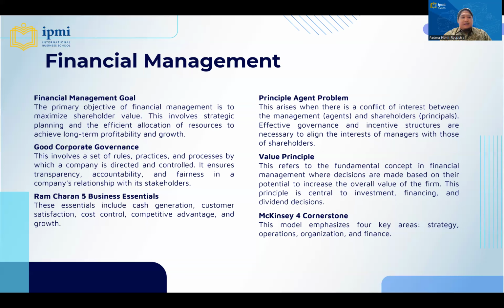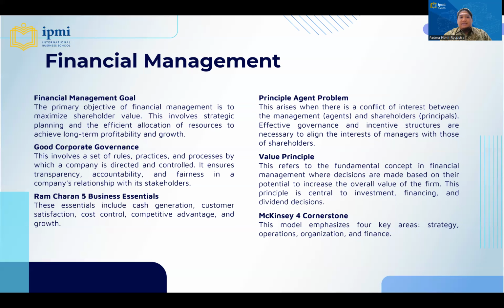And then there is Ramcharan's 5 Business Essentials, which talk about the importance of cash generation, customer satisfaction, cost control, competitive advantage, and also growth, which Ramcharan believes is the main point business needs to focus on to keep the company going.